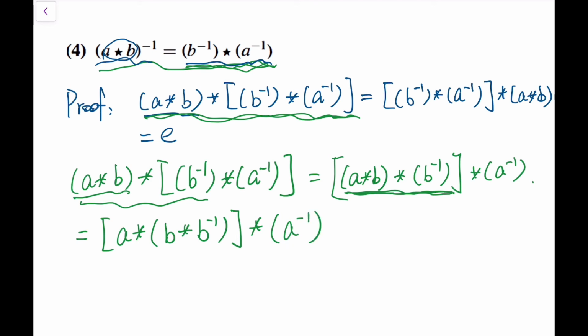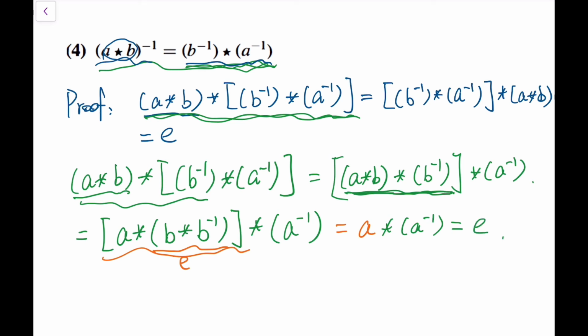Okay, and here we can see this one is B star B inverse, which is the identity, and A star the identity is A itself. So the first part becomes A, and the second part is, we just copy this part, which is A star A inverse, and this is just the identity, right?